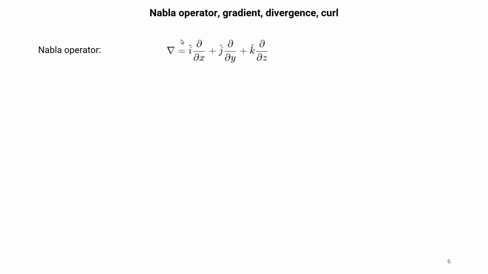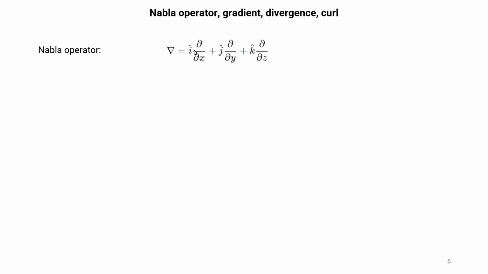This nabla operator is denoted by this nabla, right? And this operator consists of 3 components, each one multiplied by the corresponding unit vector. So let us, for example, look at this i times d over dx.